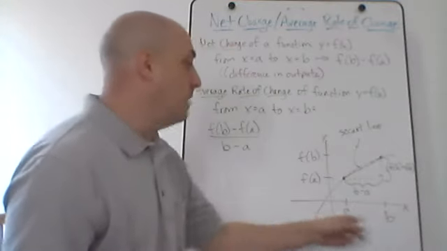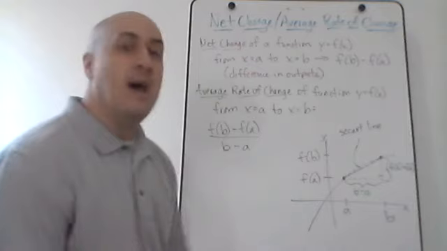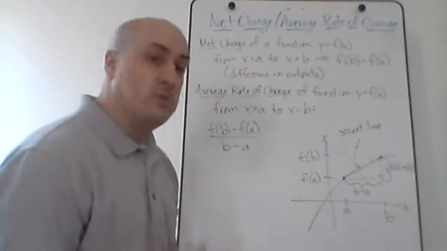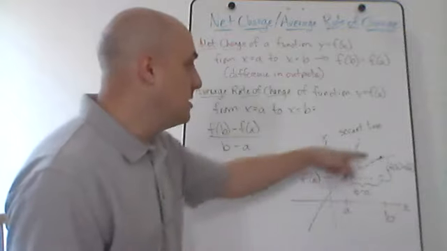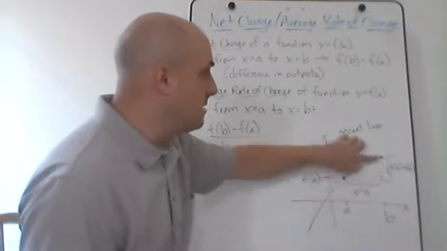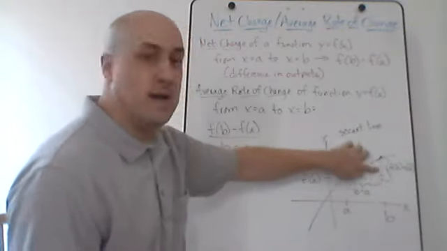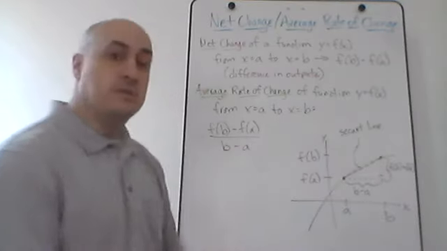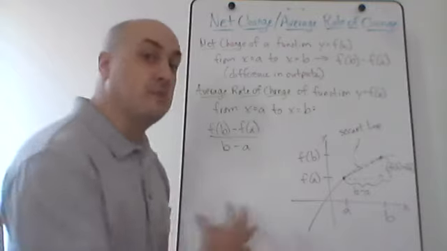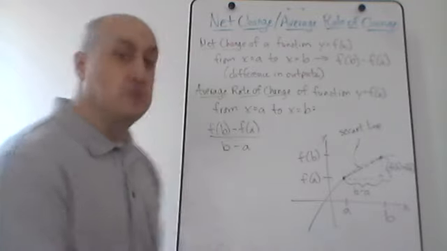Remember, when I plug those x values into the function, I get the output value, which is the y coordinate of that point on the graph. So the net change is just the difference in those two y values, which is represented over here by this little vertical dotted line, f of b minus f of a, just the difference in those two outputs. That gives you your net change.